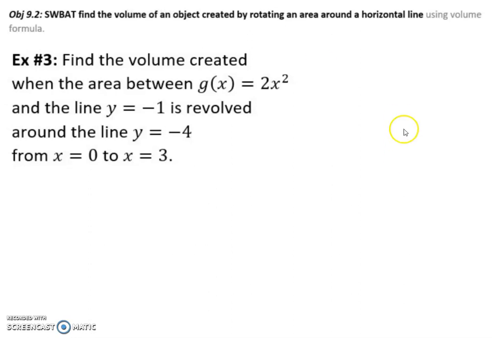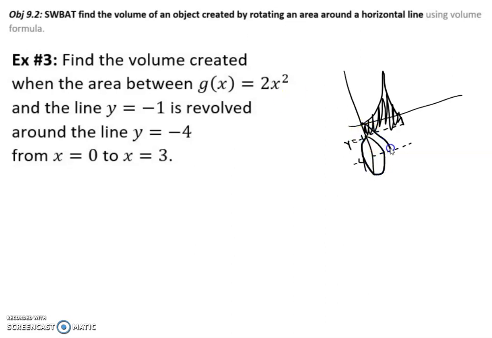This example, and I have to draw this again, is that function down to y equals -1, which is right here, revolving around y equals -4, which is right there, which means that this area is not going to completely fill in. There's going to be a hole in this. So this is going to spin around, and that side's going to spin around, and you can see my perfect drawing here. It's going to end up with this hole in the middle of kind of, again, a volcano shape, because the area that's revolving doesn't touch the axis of rotation.